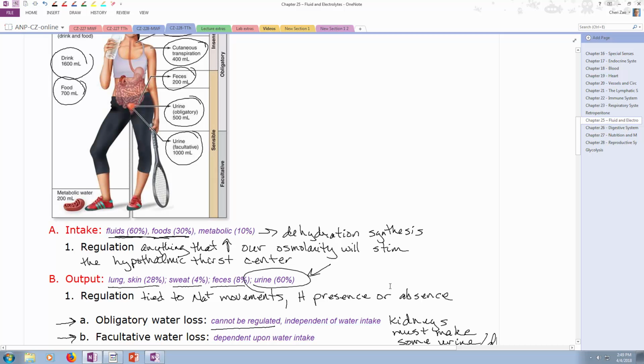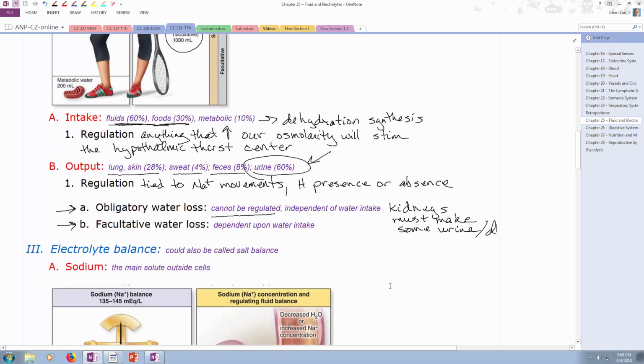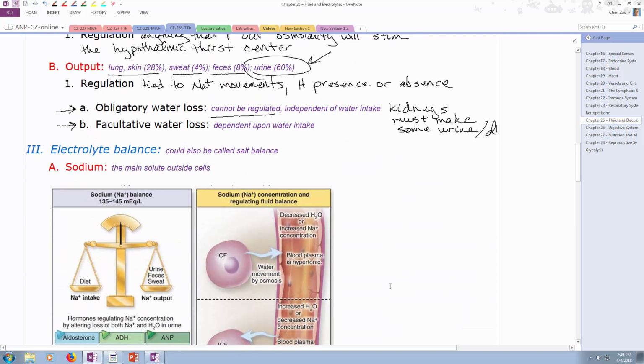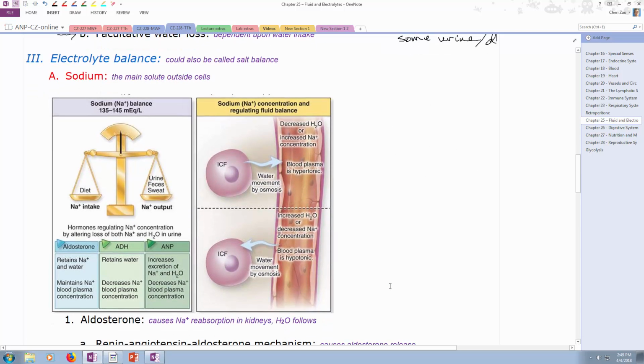So let's go ahead and now take a look at electrolyte balance. We could also call that salt balance because whenever we talk about sodium chloride, that's an electrolyte and that's a salt, and that is indeed our main solute outside of our cells.